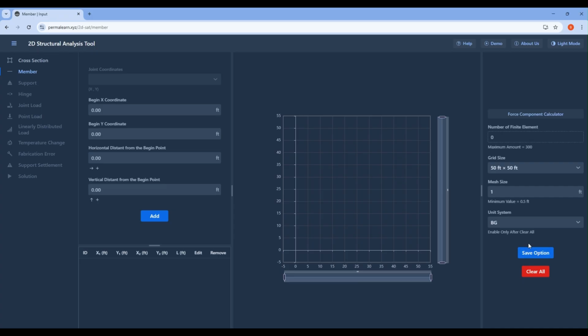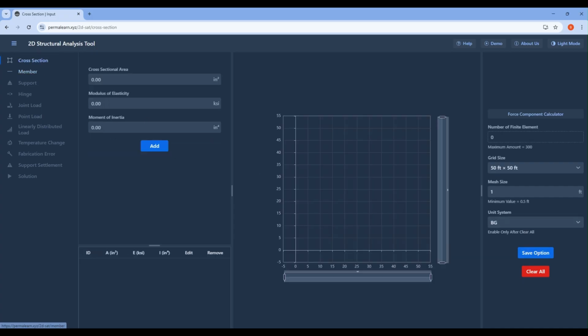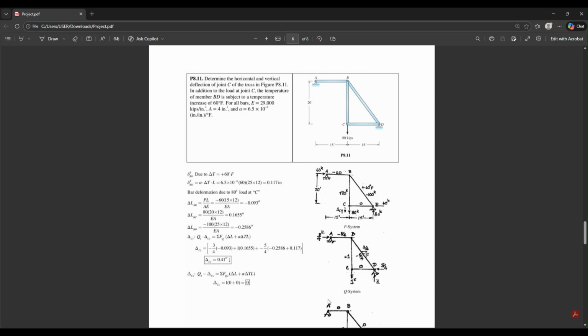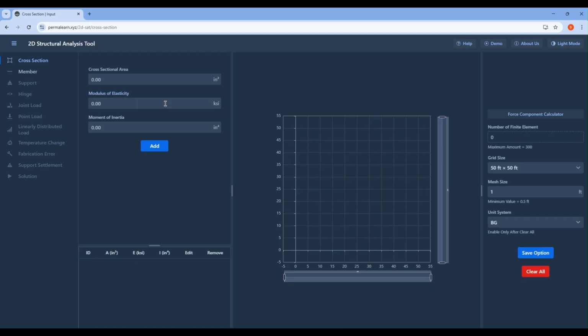So it is the BG unit, and it has the cross section of E equal to, and moment of inertia, we don't have it, so we can put whatever number you want. So I just put 100, and the area is equal to 4. I think this is too big, so I need to change it to 1.